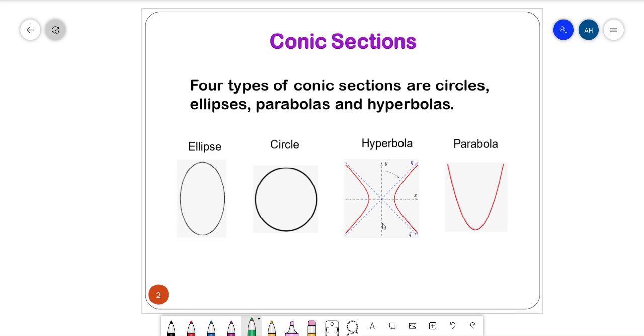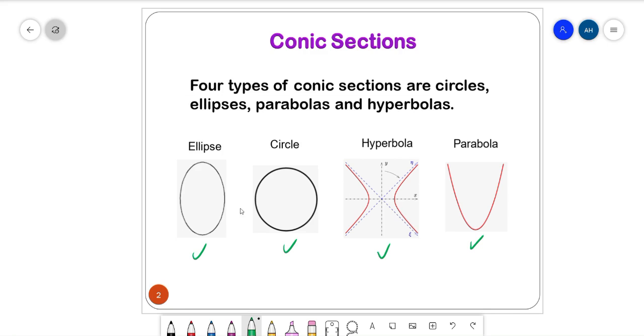Then we have a parabola. Again, this is an ellipse, this is a circle, this is a hyperbola, and over here we have the shape of a parabola. These different curves have their own special names, their own properties, their own graphs, and their own equations.